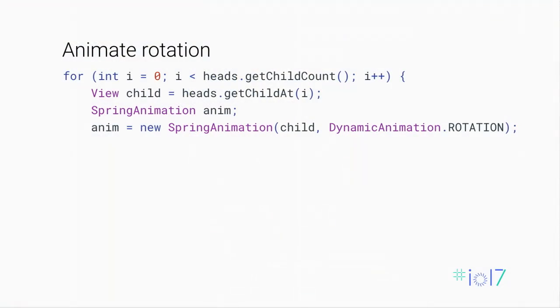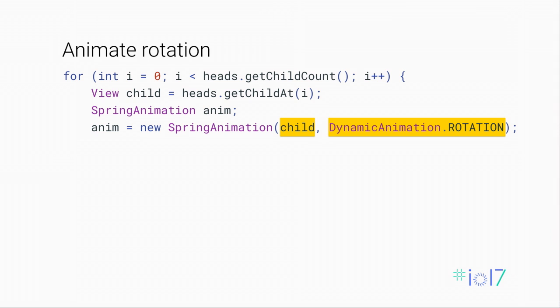First, we need to rotate each individual head. We need to go through all the items on the list. And for each item, we'll need to create a spring animation on its rotation property. And you may have noticed here I'm using a different spring animation constructor than we did before. This constructor doesn't require a third parameter, which is the resting position of the spring.